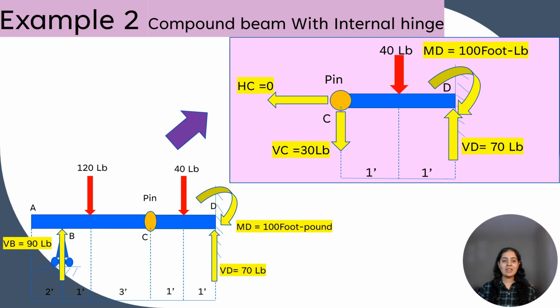Now we will separate this CD from the pin. And according to the concept, the loads are shown as equal and opposite acting at the pin. So HC will be 0 in this direction and VC will be downward of 30 lb. Now we will check by applying equations of equilibrium to this beam.